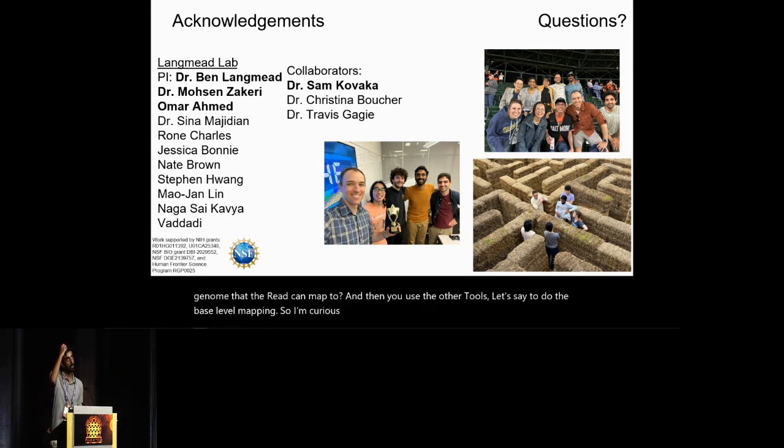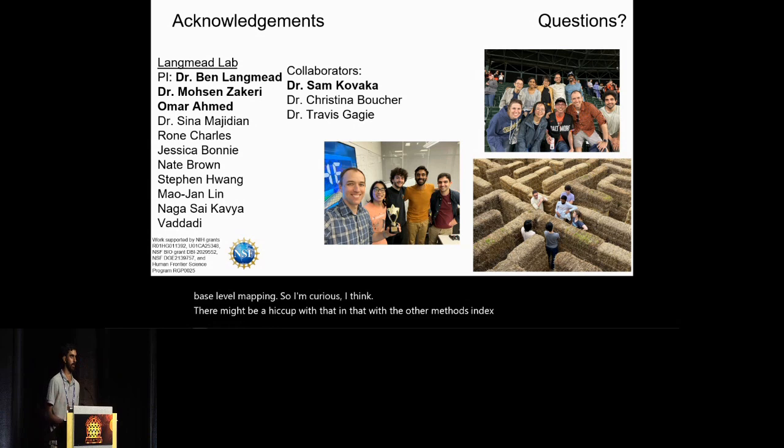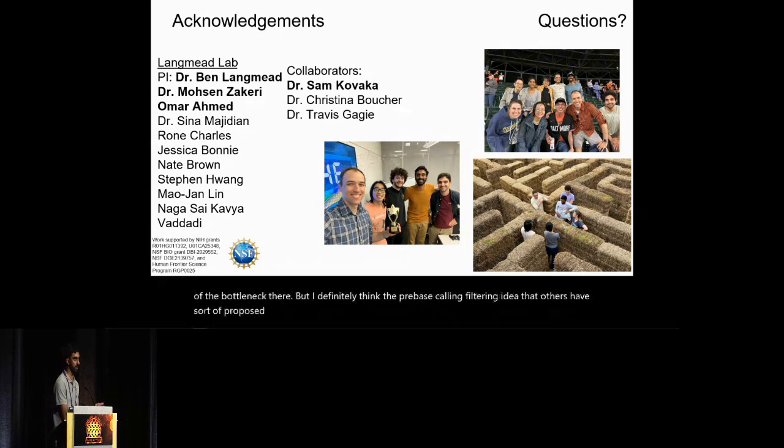Yeah, I think there might be a hiccup with that with the other methods' index size, because you're working with the largest index size of the methods, and that's the bottleneck there. But I definitely think the pre-base calling filtering idea that others have proposed is interesting: you have all the signal data just accumulating, but you just want to work with some of it.